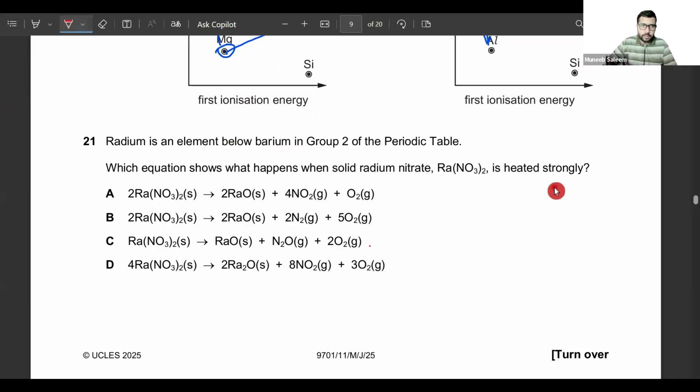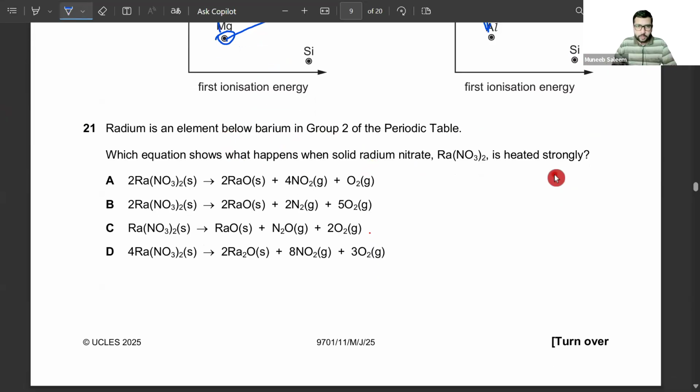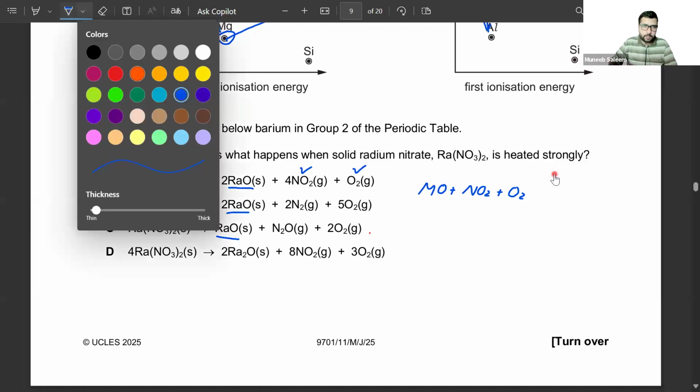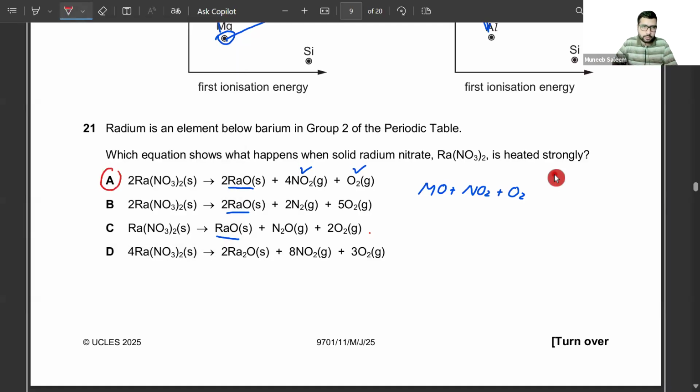Whenever a group 2 nitrate decomposes, it produces the metal oxide plus nitrogen dioxide plus oxygen gas. Here, this is the correct formula of the metal oxide, and among the nitrogen oxides, we have this one as the correct formula. The other last product is oxygen. That's why the correct option is option A.